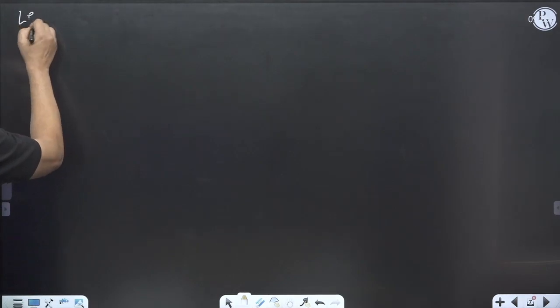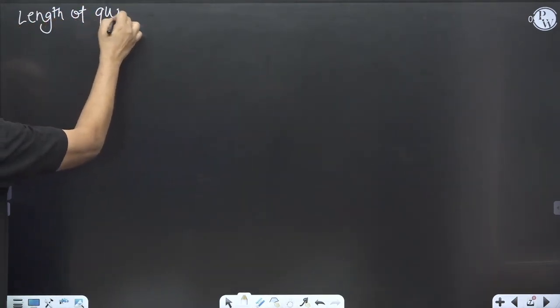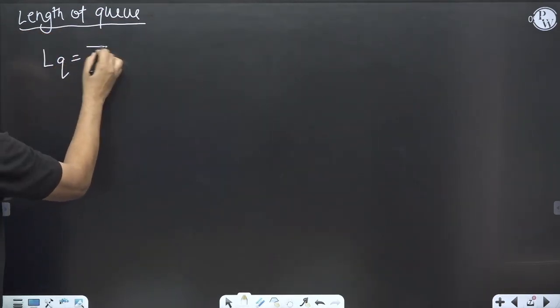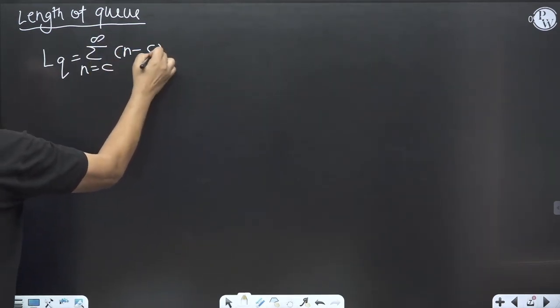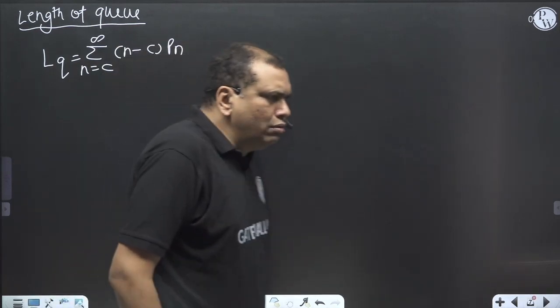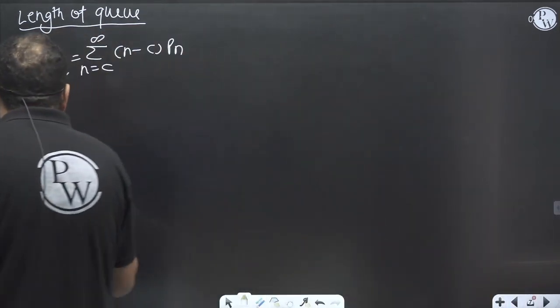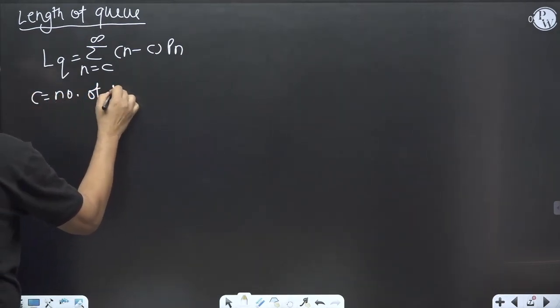Length of Q. Length of Q is summation from C to infinity of n minus C times Pn. C is the number of servers.